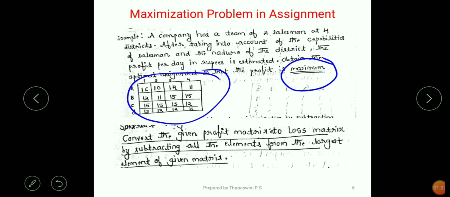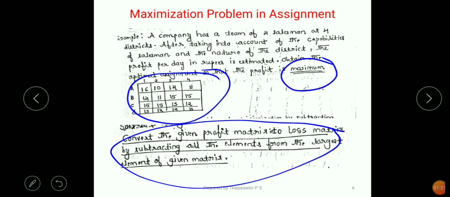Now if we have to apply the Hungarian method to solve this assignment problem, then this profit matrix we have to convert to a loss matrix. This can be done in this way: we can convert the given profit matrix into a loss matrix by subtracting all the elements from the largest element of the given matrix.